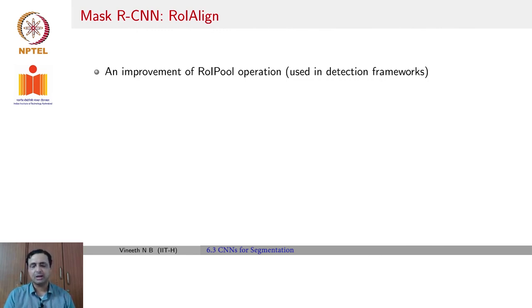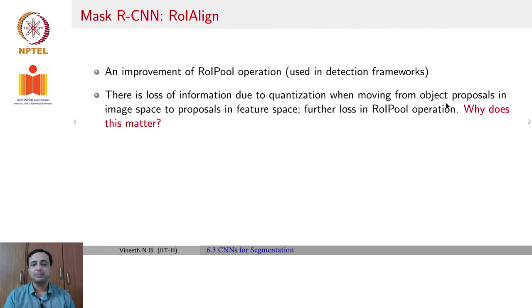Since mask RCNN operates in the framework of faster RCNN, the main limitation of faster RCNN that this module addresses is this: when you map object proposals to feature space, recall that both in fast RCNN and faster RCNN, you had certain object proposals and you mapped them to a certain feature space.